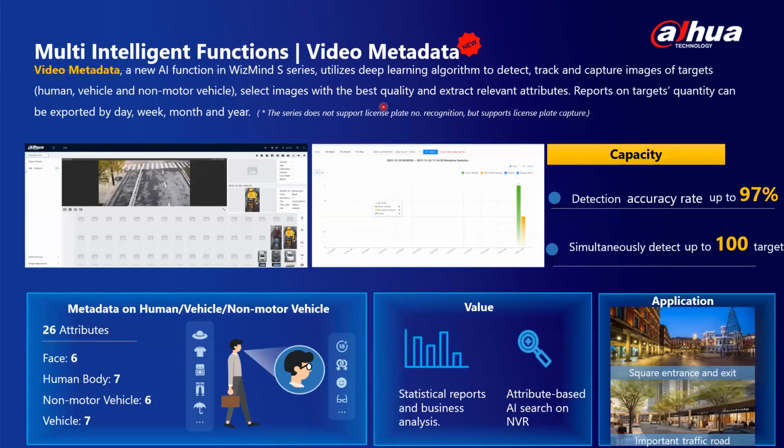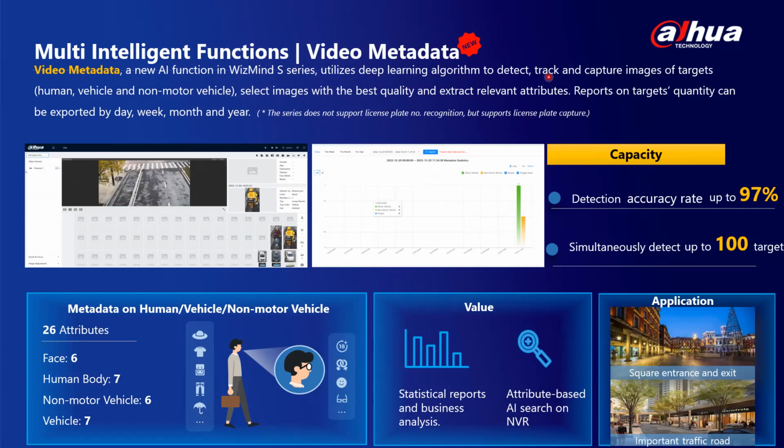So let's talk about these functions one at a time, just to understand them more based on some of the illustrations that we have here. Video metadata is basically a new AI function in the WizMind S series. It utilizes a deep learning algorithm to detect, track, and capture images of targets.